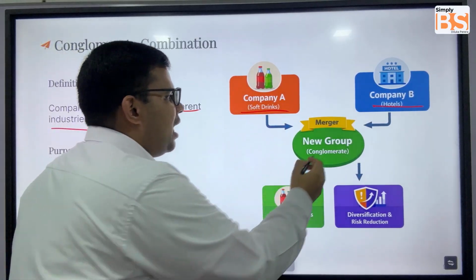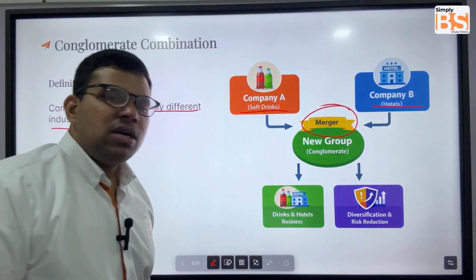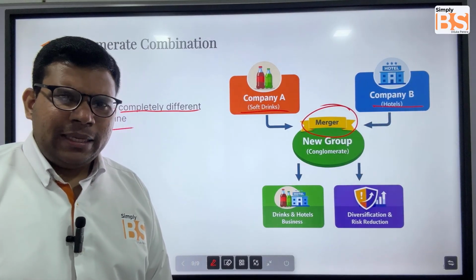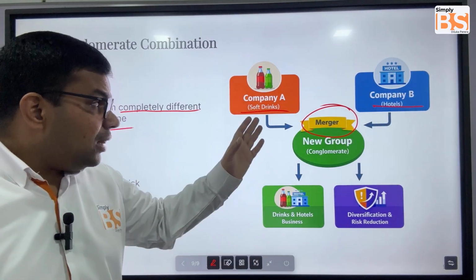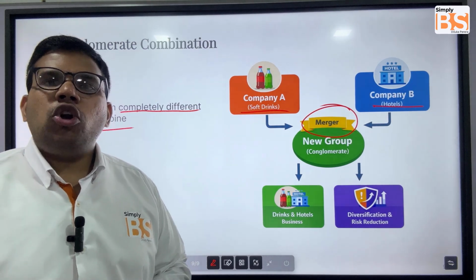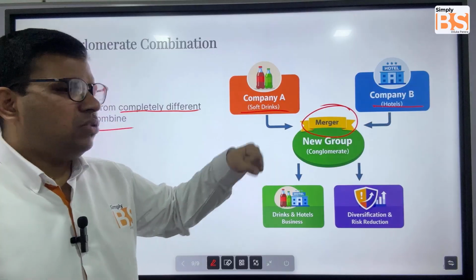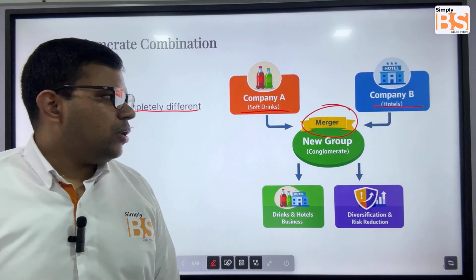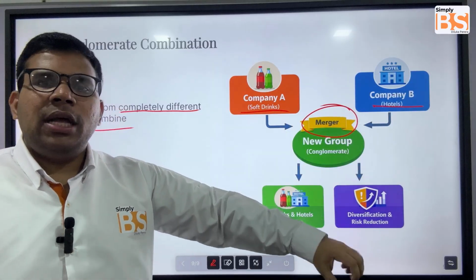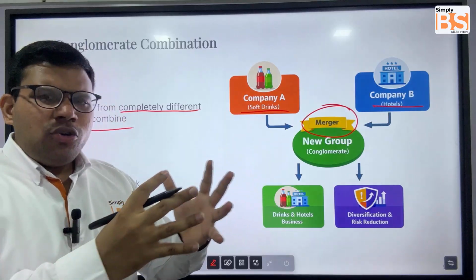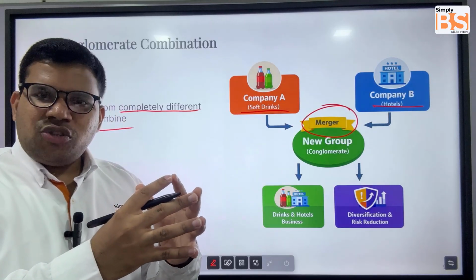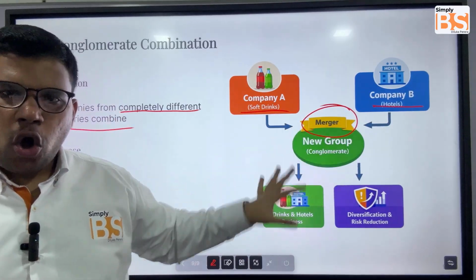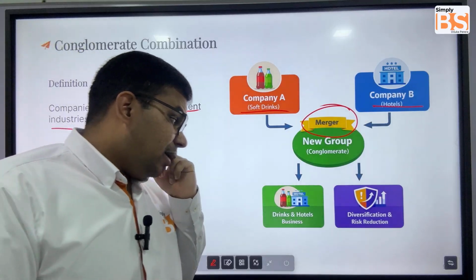According to the example, they have merged. It could happen. Then this will be taken as a conglomerate combination. Company A is from the soft drinks and beverage industry, and company B is from the hotel industry. So two companies from different industries combining together is a conglomerate combination.